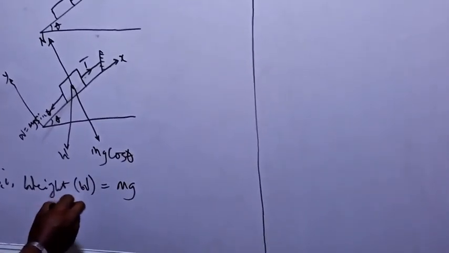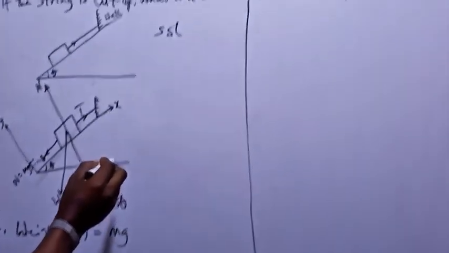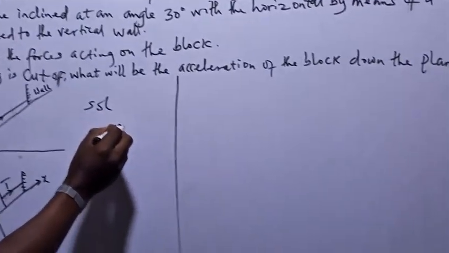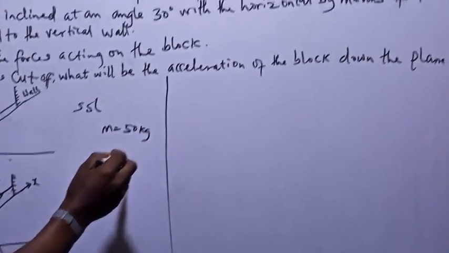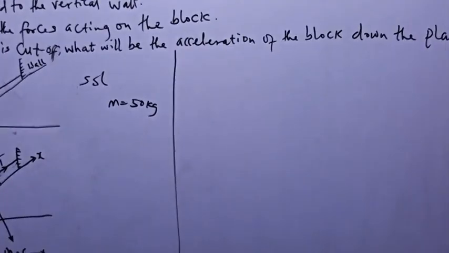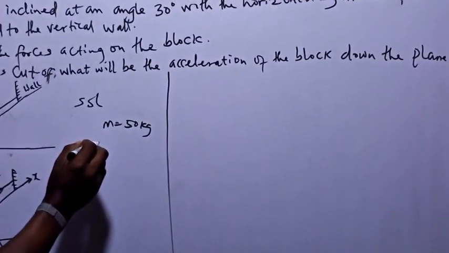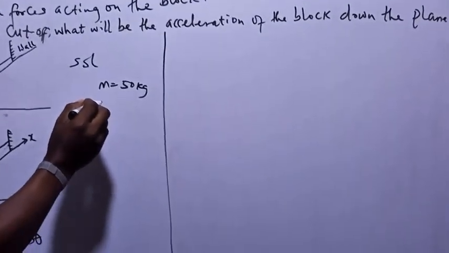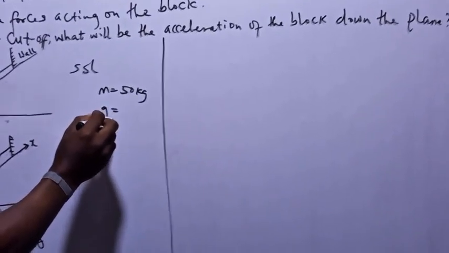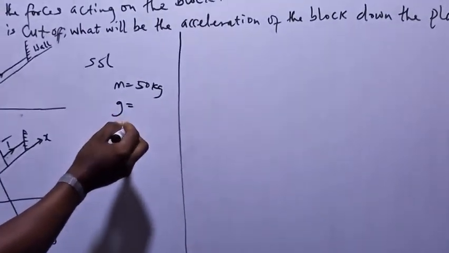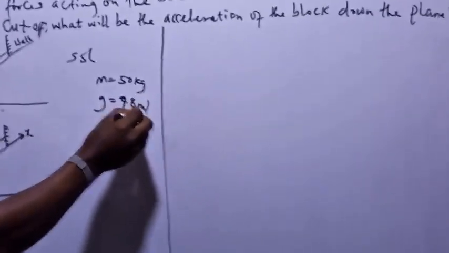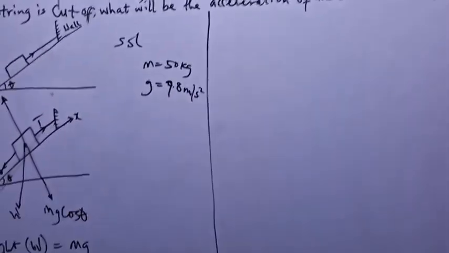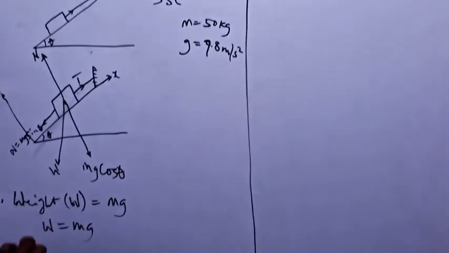Now weight here will be equal to, remember, we have a mass here of 50 kilogram, and acceleration due to gravity g. Like I say, if it's stated, good; if it's not stated, you assume 9.8 meter per second squared. Now I have weight to be mass times acceleration due to gravity.